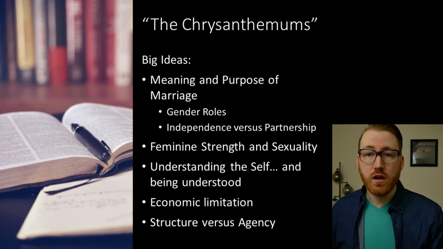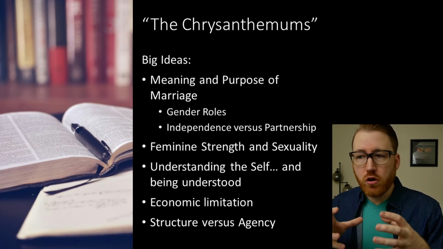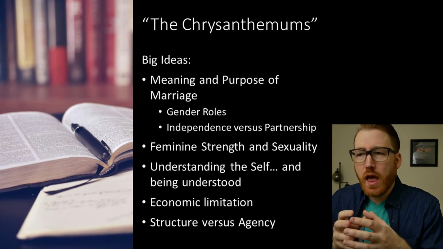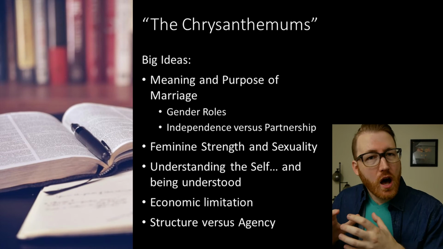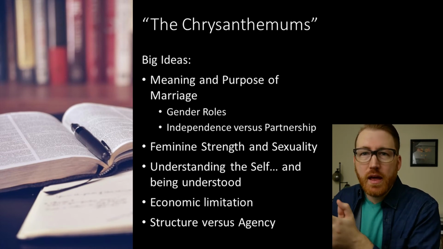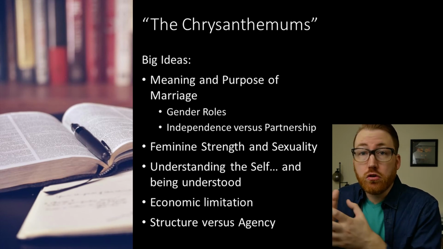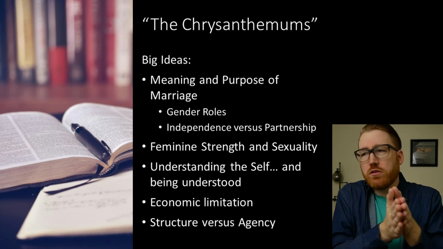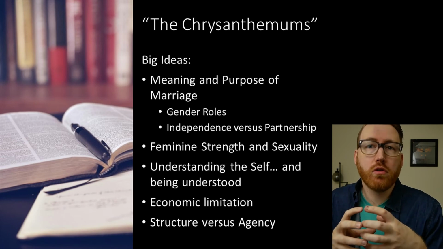Take, for instance, Elisa's marriage in The Chrysanthemums. Obviously, marriage is a structure that provides strength and protection for both people. And to some degree, Elisa's very real and very understandable need for agency, independence, and a personal identity is a good thing that could potentially undermine some of that strength and protection of that structure.